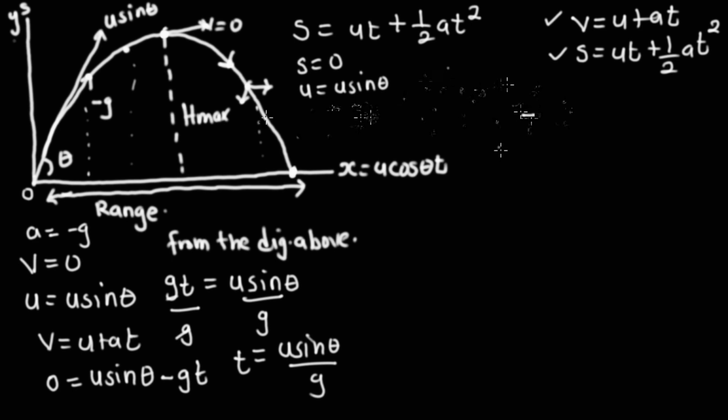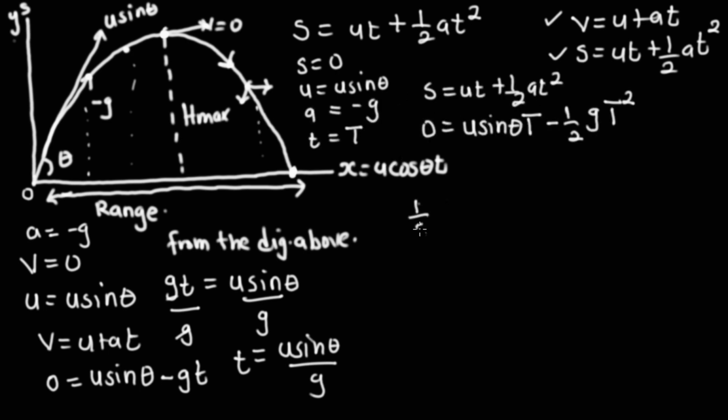Now we're going to take half gt squared to the left hand side where 0 is standing, and leave this at the right hand side. And we're going to have half gt squared is equal to u sine theta T.